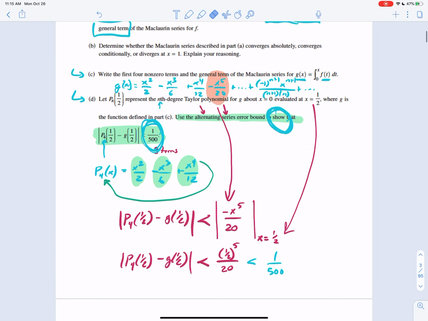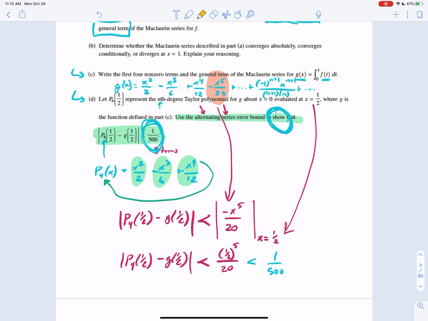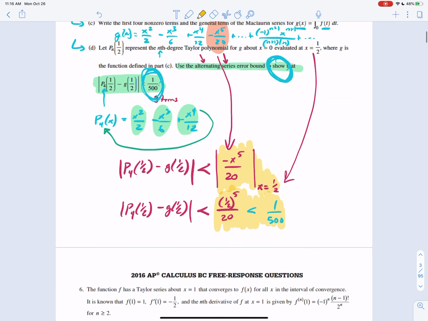So if you think about this here, the only work that needs to be done, I'll highlight it in yellow here, is pretty much this and this. And that should earn you about 2 or 3 points right there. It looks really complicated, but past the notations and past the verbiage, actually finding the error is super easy. Okay? Cool, let's do another one.